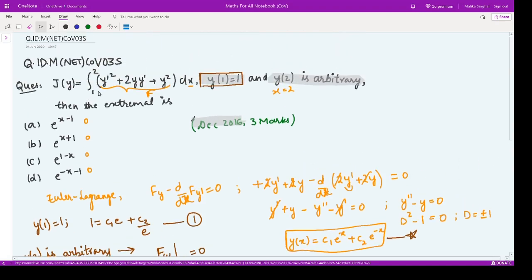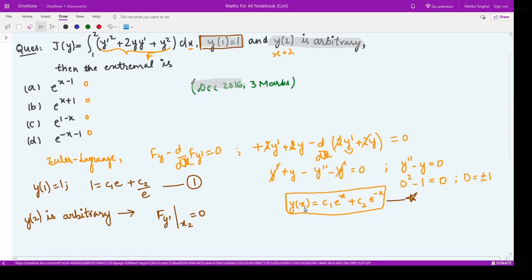The given f is this. So f_y dash would be 2y dash plus 2y, right? So 2y dash plus 2y at the point x2, which is given to be 2, is equal to 0. So we have y dash plus y at the point x is equal to 2 is equal to 0.